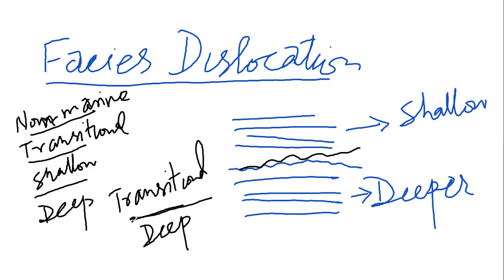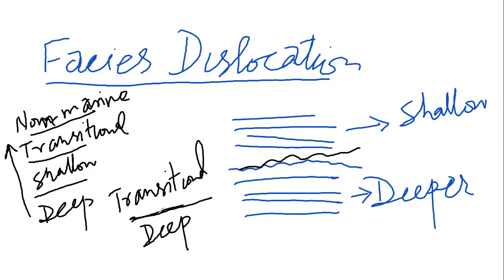Here shallower rocks should have been present. Generally, as we discussed, rocks are arranged in this order, but here shallow rocks are missing. It means that here certain facies has dislocated, and this dislocation or removal of facies is called facies dislocation. Shift of facies has occurred basinward.